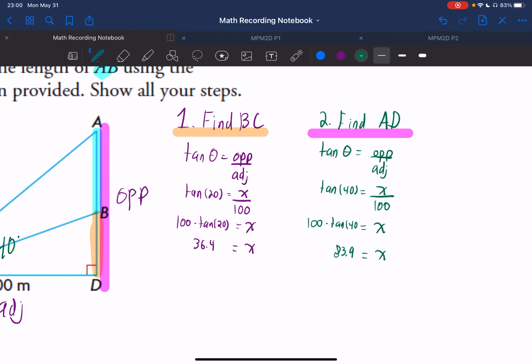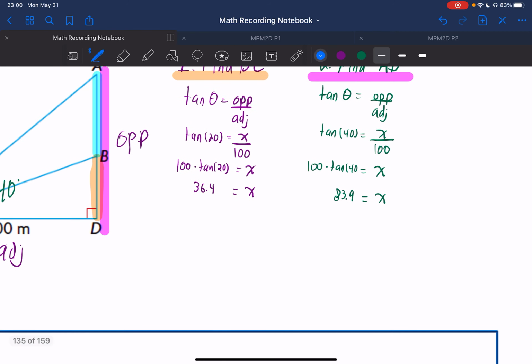Our last step here is we want to find that blue. And how we do that is we're going to subtract BD from AD. So we're going to find AB now. So AB equals AD minus BD.